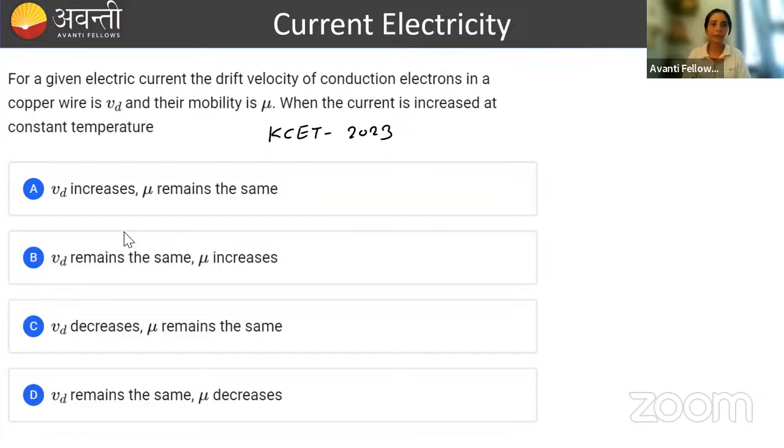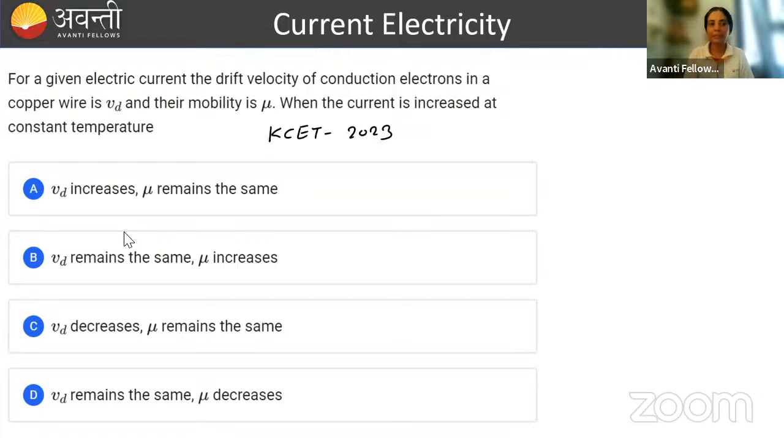Once you recheck your answer, okay? Recheck your answer properly. One more answer I got and that seems correct. Everyone remember the formula? This is a very simple question, just a formula based question. I'm ending the poll here. We will go to the explanation and let's read the question first.